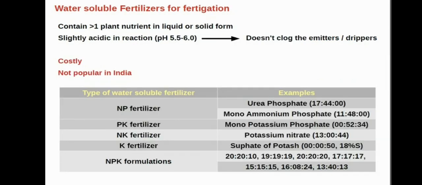Next, water soluble fertilizers for fertigation contain greater than 1% plant nutrients in liquid or solid form. They are slightly acidic in reaction, pH 5.5 to 6, and do not clog the emitters or drippers.